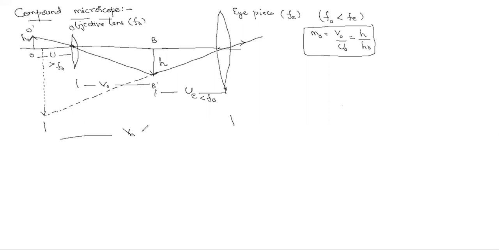Now write the linear magnification of the eyepiece as VE by UE. Taking the final image as I double dash and its height as HI, VE by UE can be written as HI by H. Is it correct?